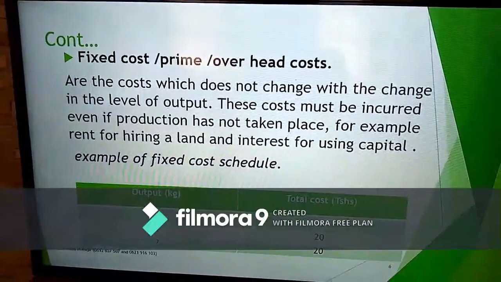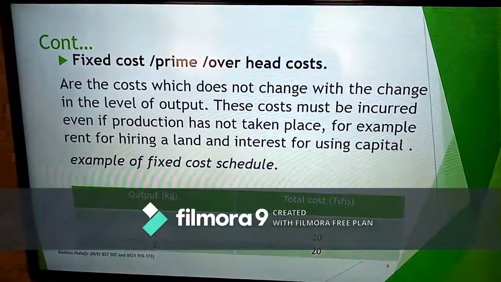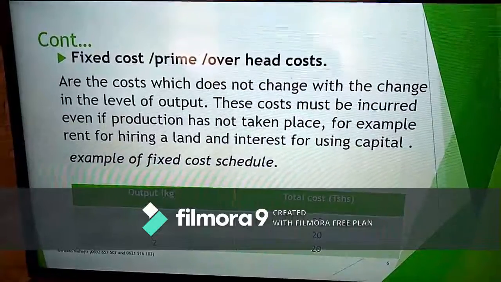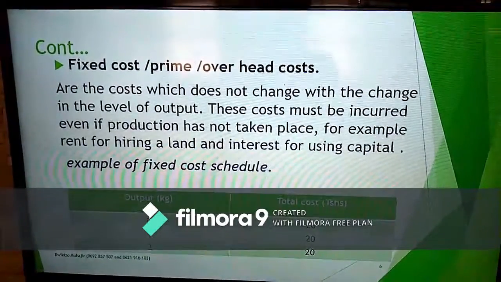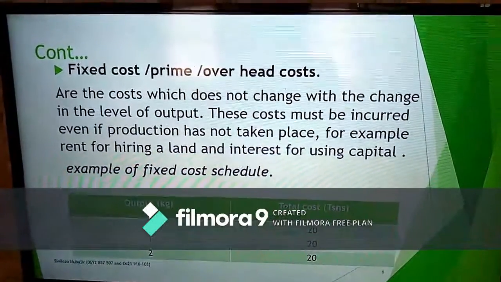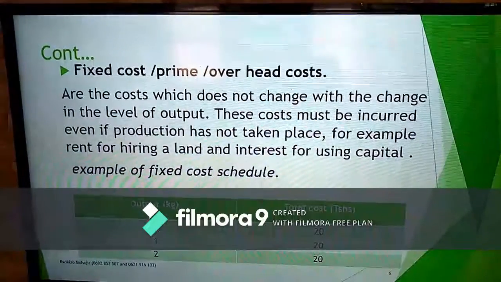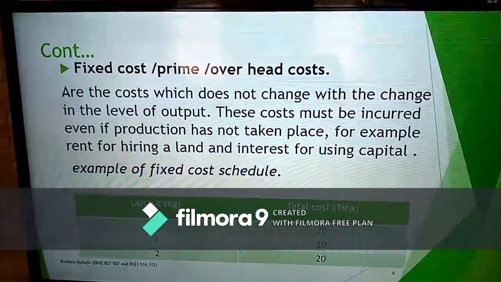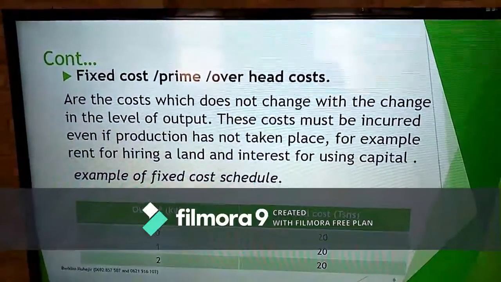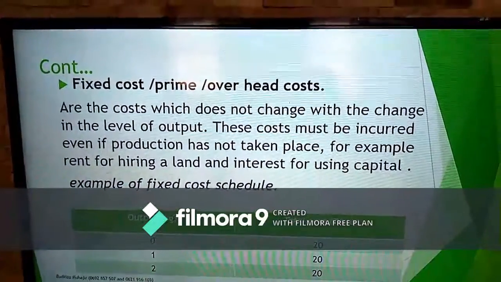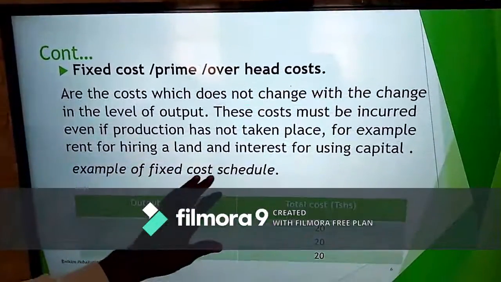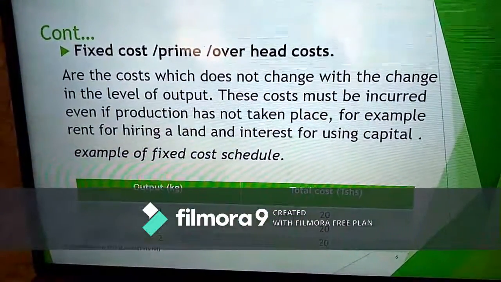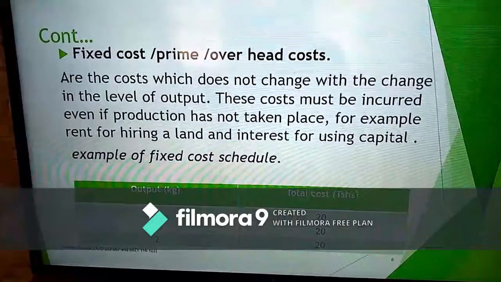So it means that these costs are paid by the firm even when the firm has not engaged in any production of goods or services. A good example of those costs are the cost of hiring a land or the interest for using a capital. Now, this is an example of a fixed cost schedule.